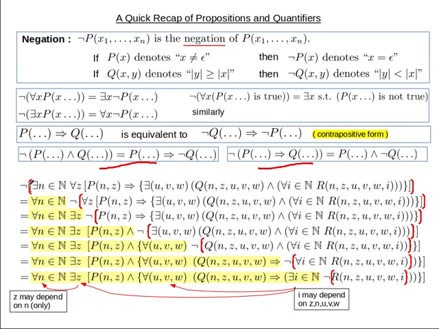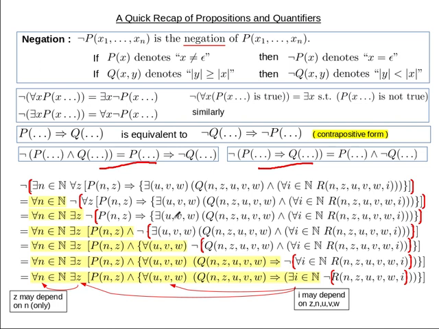So you see that all the quantifiers are switched, right? This there exists becomes for all, this for all becomes there exists, this there exists becomes for all, and finally this for all becomes there exists. And also these conjunctions are changed into implications, and implications are changed into conjunctions.